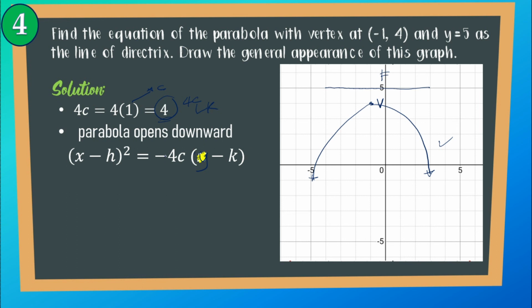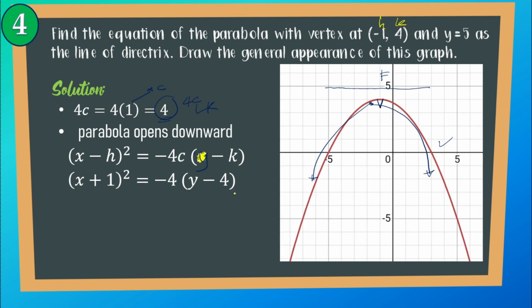So, x minus h squared equals negative 4C times quantity y minus k. Alright. So, substitute natin yung h, k. So, yung vertex natin is at negative 1, 4. So, magiging x plus 1 squared equals negative 4 times quantity y minus 4.